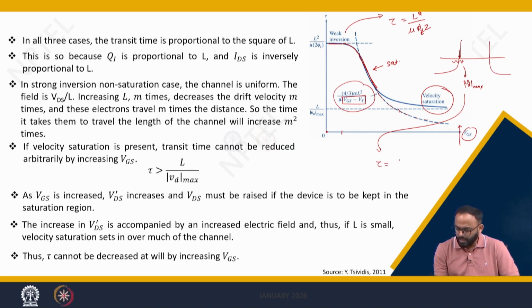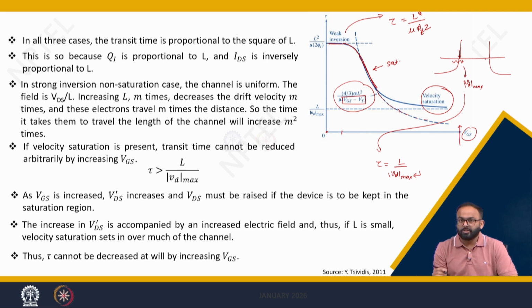Tau is equal to L divided by Vd max. We have already seen that Vd max is no longer influenced by the voltage. Whatever amount of voltage you increase at the drain side to pull this carrier, it has already attained its maximum velocity.